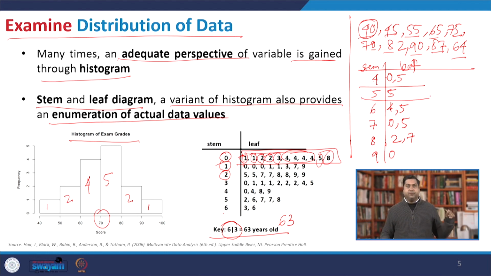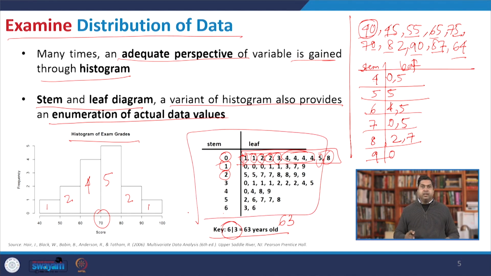In the 50s there is one student, 55, and then 60, 64, 65, 70, 75, 82, 87 and 90. So, this is a very easy way to count the frequency as well as the individual information. Graphically it is very easy to do that, and definitely there are certain kinds of software available. You can also write in certain programming languages to create it from your raw data. You can classify the frequency.